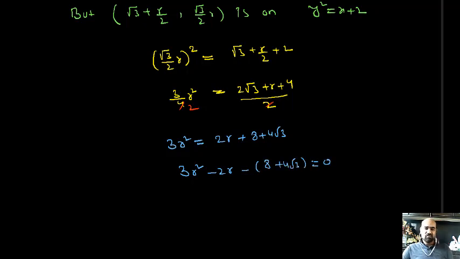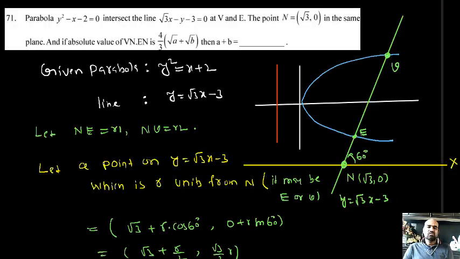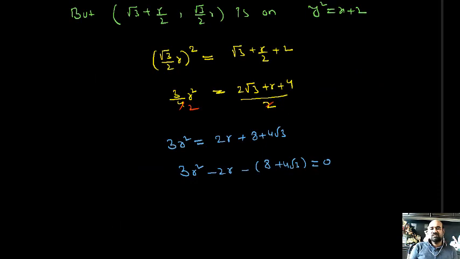It is a quadratic equation and it will have two roots, obviously. Those two roots are the lengths NE and NV, meaning r1 and r2. The roots of this equation should be r1 and r2.